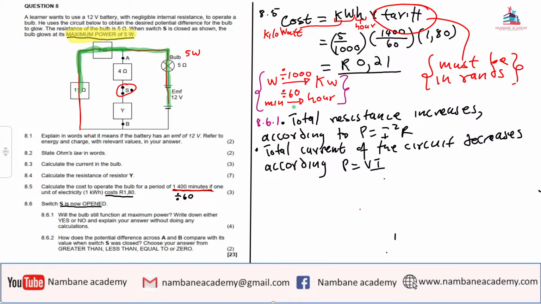Now, one will ask, why did we start with the explanation? Because we have what we call negative marking. Negative marking is what? If the correct answer is no, and you said yes with the correct reasons, we don't mark further. Everything is wrong.